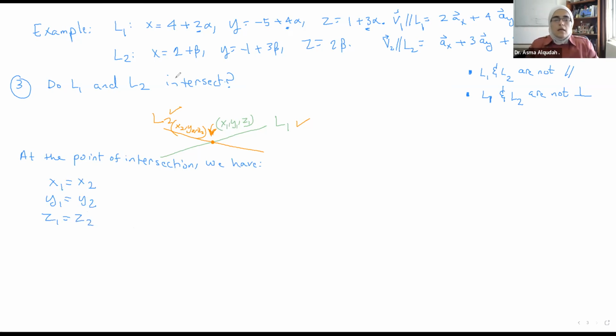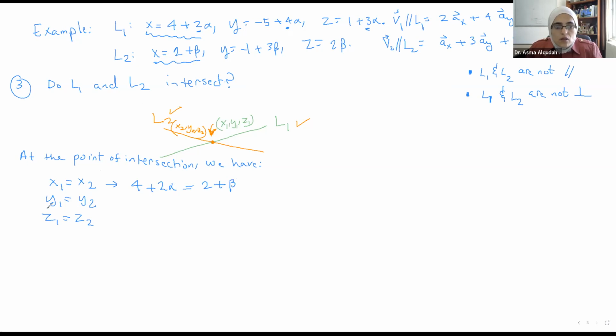So let's take the values of x1 from here. x1, which is 4 plus 2 alpha, should be equal to x2, which is 2 plus beta.